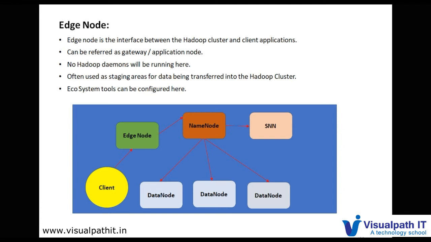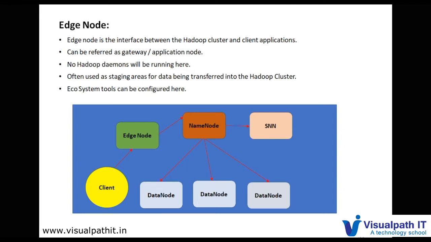Those will not run on the edge node. But what will be available? Some ecosystem tools like Hive, Pig, Sqoop, HBase, Oozie. Those we can configure, so it's up to the client requirement.